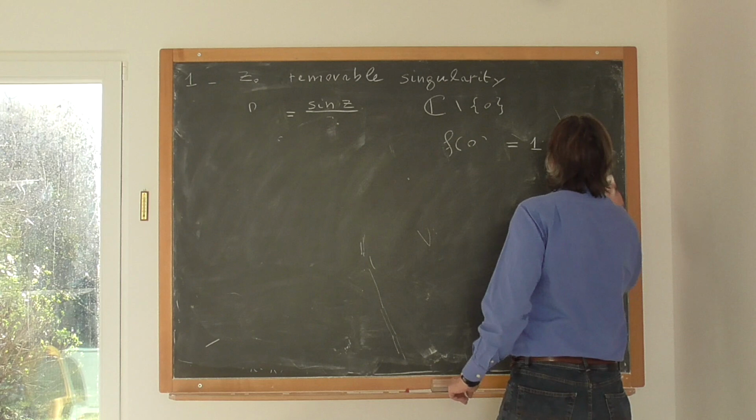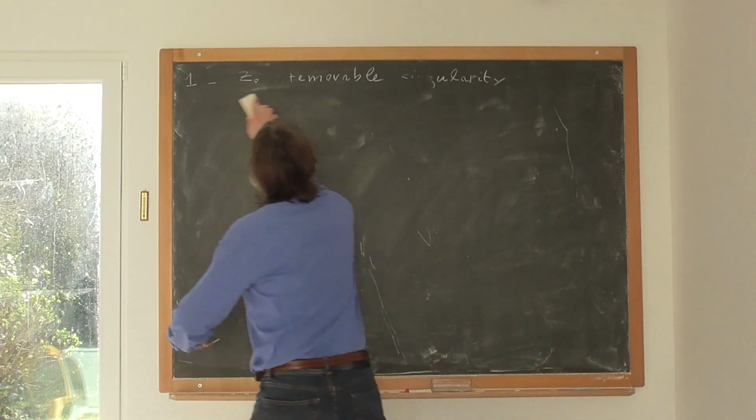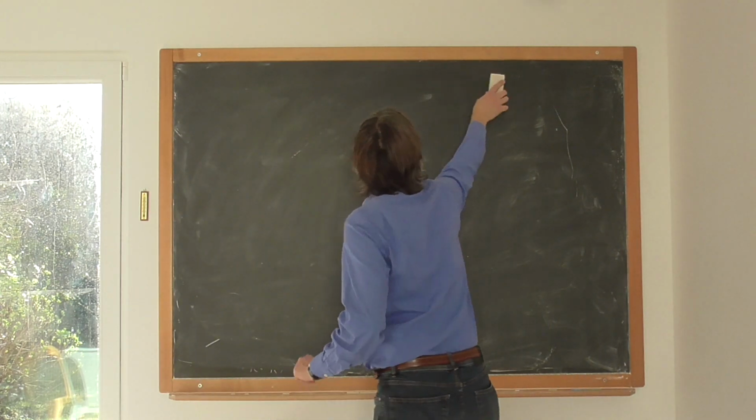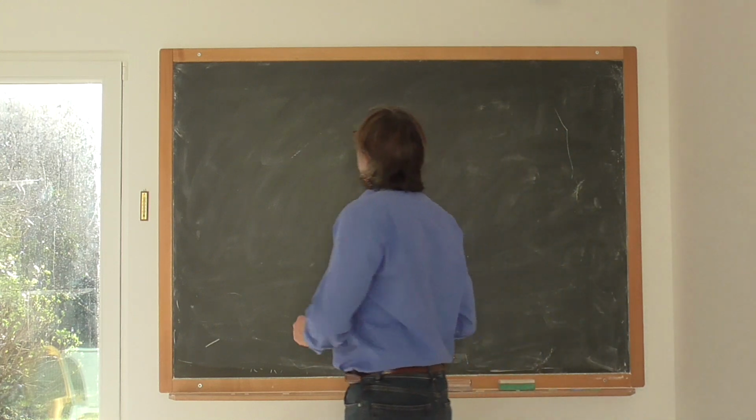The second possibility for an isolated singularity is that it could be a pole.